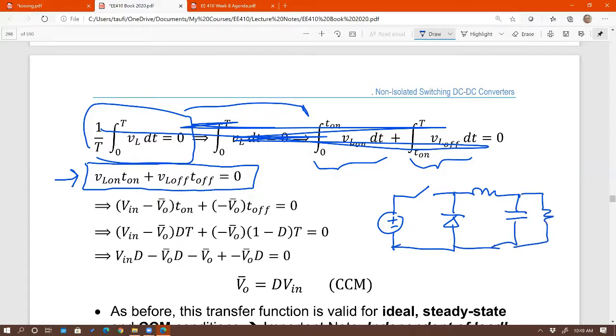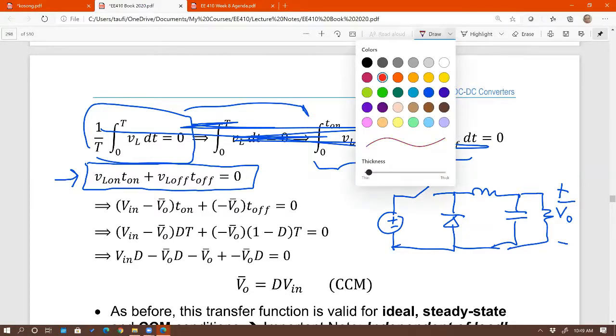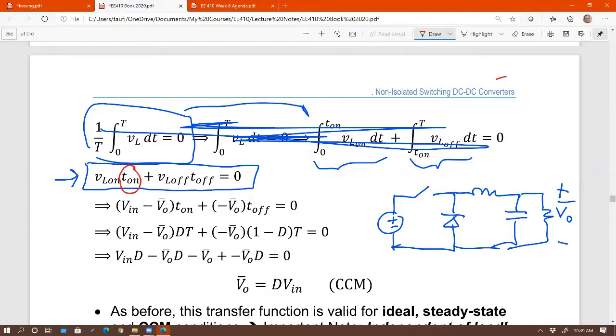I already know half of the equation. I already know T on, I already know T off. T on is just DT, right here. T off is 1 minus D times T, right there.